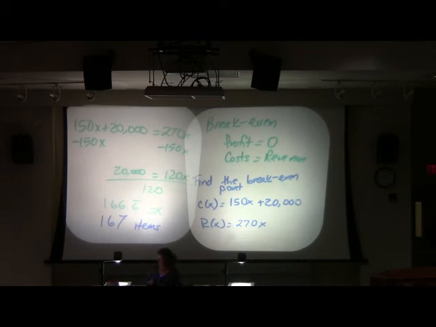Why would we have to round up? Because 166 wasn't enough. Okay? So you always round up in those situations. In other words, if we produce and sell 167 items, we'll break even. Anything less than that will lose, anything more than that will win. You guys with me here?